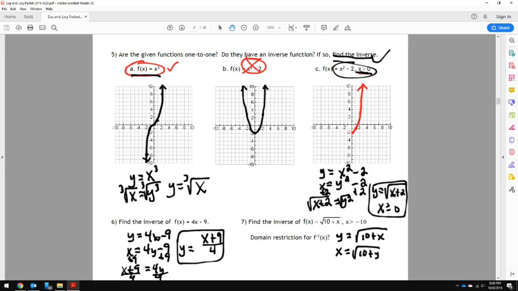So first thing is square both sides. And subtract 10. So you get x squared minus 10 equals y, and it says domain restriction for f of x. You have to use the same thing, where x can only be greater than or equal to -10.